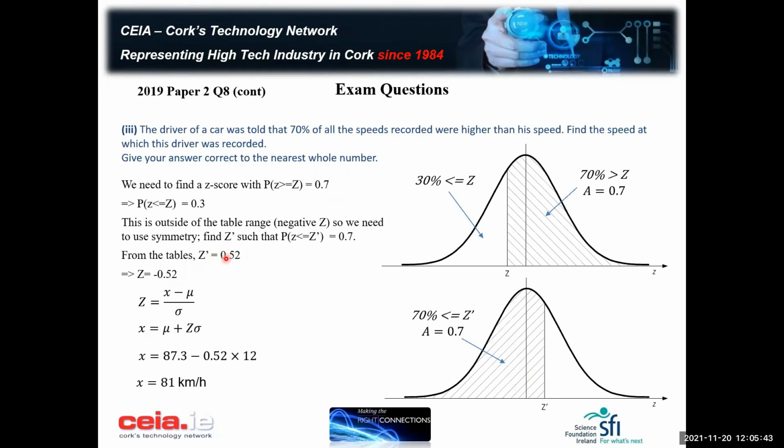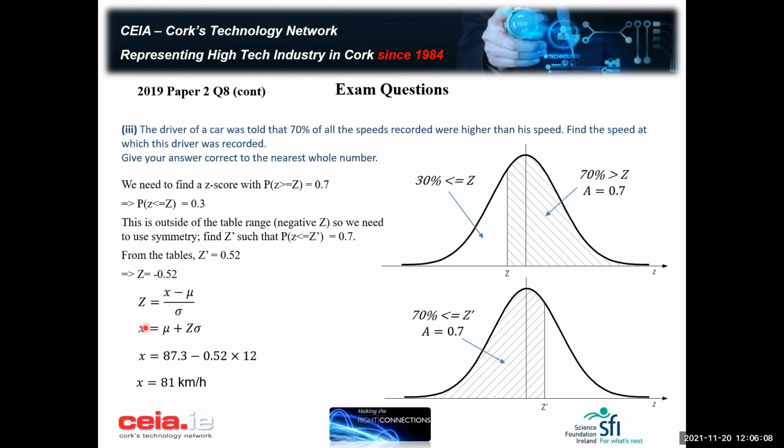If you want to be a bit more accurate, you could say it's 0.525 because it's sort of between two values, but this is probably accurate enough for us. 0.52, that's for z prime. So z would be minus 0.52, this z here by symmetry. Now that we have the z, we're going to convert it back to an x. So this is the formula for converting between z and x.